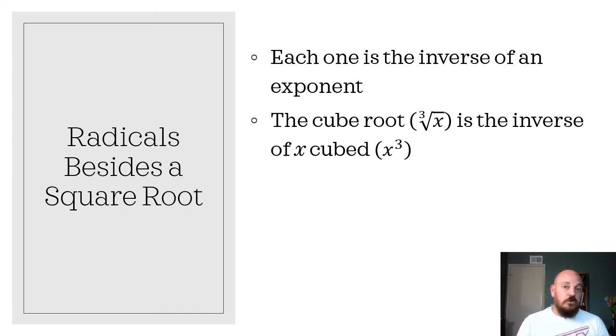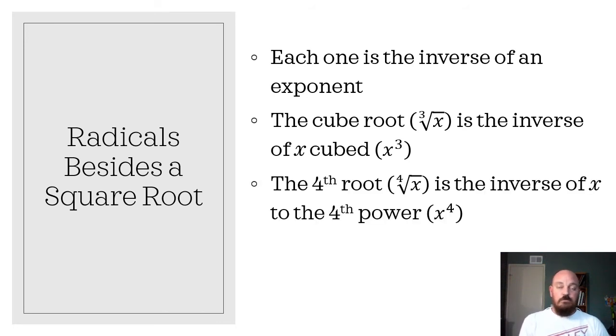Well, that's why the third root is called the cube root. So the third root, or the cube root, is the inverse of raising something to the third power. 4th and 4th, 5th and 5th, 10th and 10th. I put an etc. on here again. So basically, the 4th root is the inverse of raising something to the 4th power.